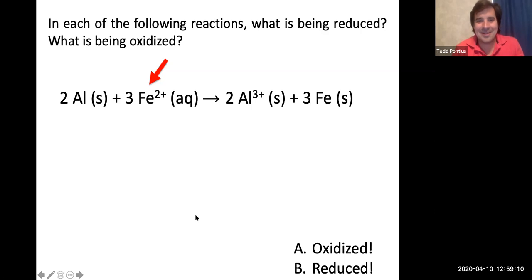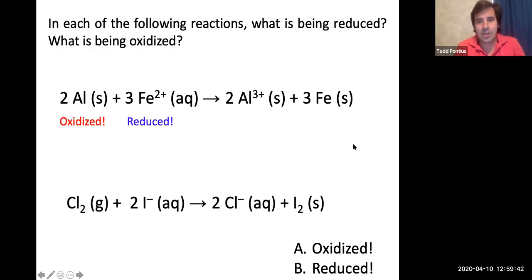And the answer is indeed B. So it's going from 2+ to 0. It's starting at 2+, going down to 0. It's quite literally reduced. So this one's oxidized, this one's reduced.